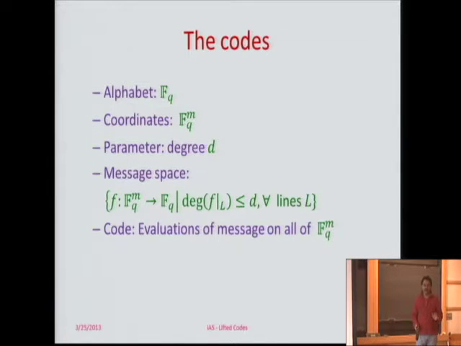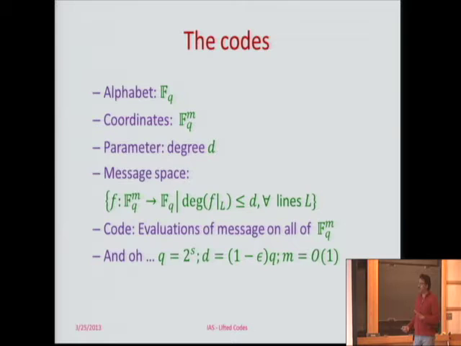As I've stated so far, this is almost exactly how we described multivariate polynomials. The set of multivariate polynomials has this property. The only thing we are going to change is, on the one side, we are going to make sure that the fields are of small characteristic, in particular let us say 2 to the s, and the other is that the degrees we will be looking at are not going to be less than q over 2.